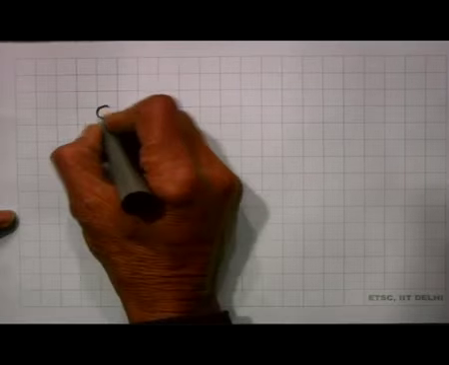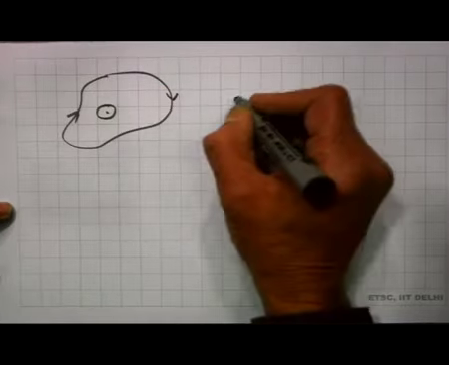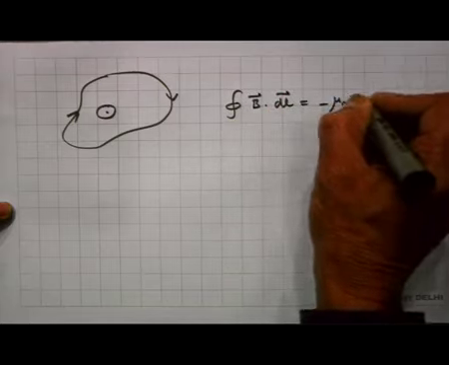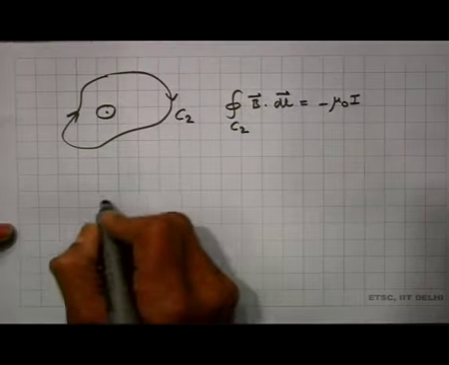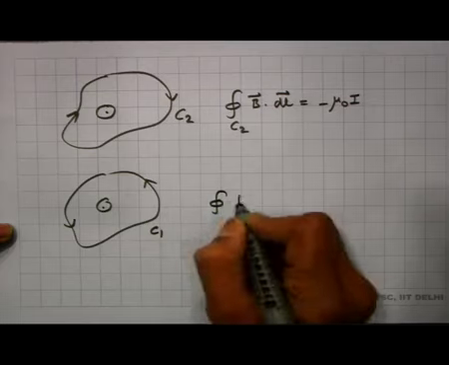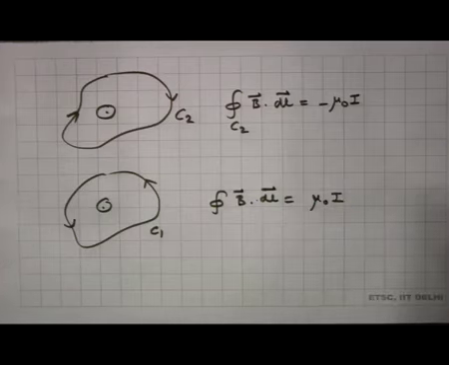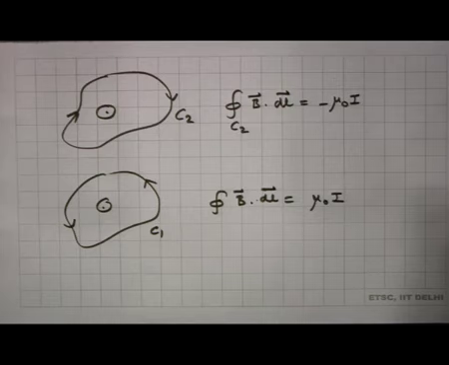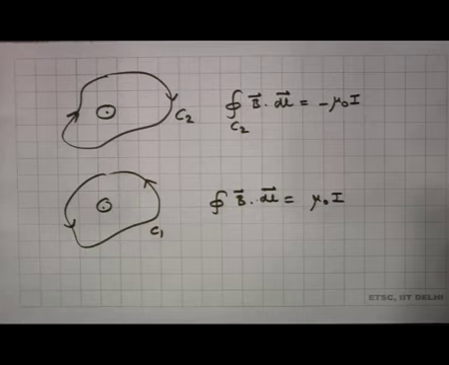So, for example, if I have a current carrying conductor like this and if I have a loop like this with integration in the reverse direction, then integral B dot dl will be minus mu naught I. Here this is over curve C2, and the same current carrying conductor, if I have another path with C1 like this, integral B dot dl is equal to mu naught I. So, it depends on the path that you are taking around the current carrying conductor. If it happens to be along the direction of the magnetic field satisfying the right hand rule or the reverse direction, you can have plus mu naught I or minus mu naught I.